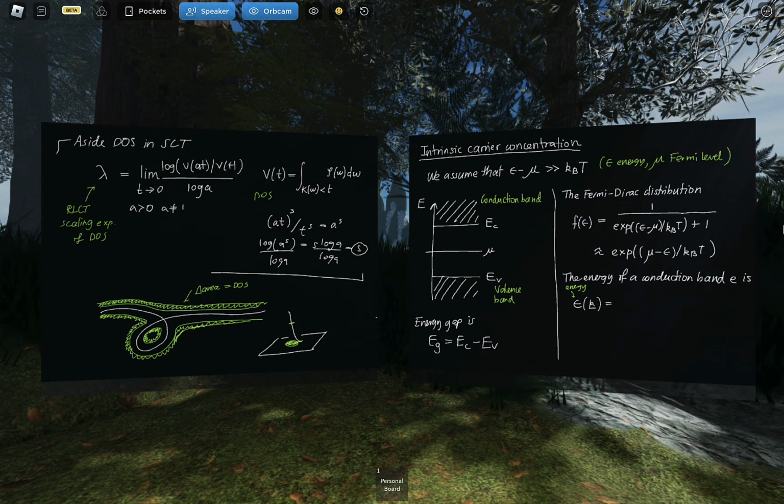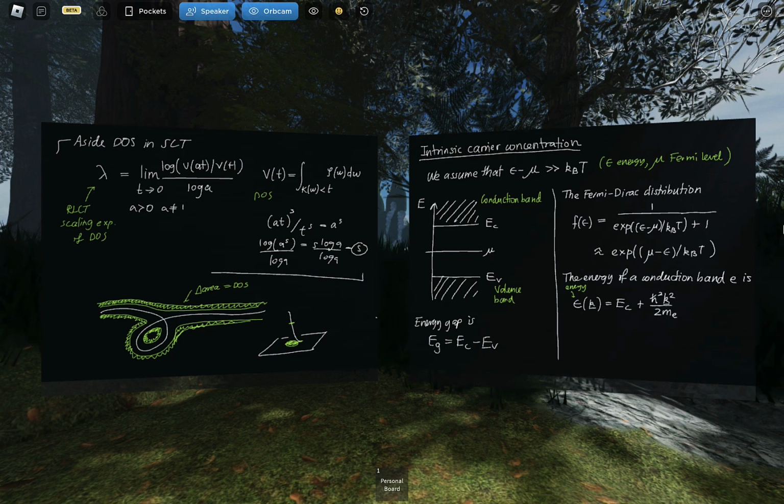So it's going to be the energy at the bottom of the conduction band plus some term that comes from the momentum. You could think about it this way: once you get up into the conduction band, how much extra energy do you have to actually propagate around? Maybe you use up all your energy just getting up there. That's one way of thinking about why the energy is this configuration: EC plus this term.